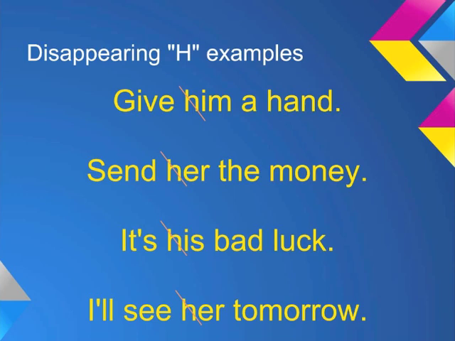Give him will become give'im. So for example, give him a hand. Send her will become send'er. Send her the money. It's his will become it's'is. It's his bad luck. And finally, I'll see her tomorrow will become I'll see'er tomorrow.